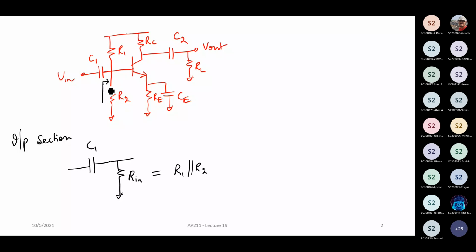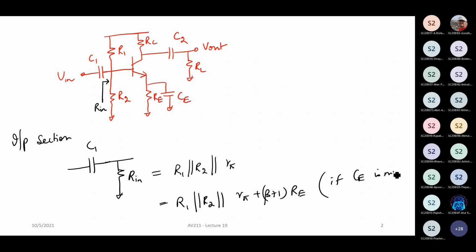Basically, Rin is the impedance seen from this side. Now, if CE is not there, you will have R1 parallel to R2 parallel to R pi plus beta plus 1 times RE, if CE is not connected. Correct? Any doubts on this? I hope everybody is comfortable and clear with these two statements. Yes or no?